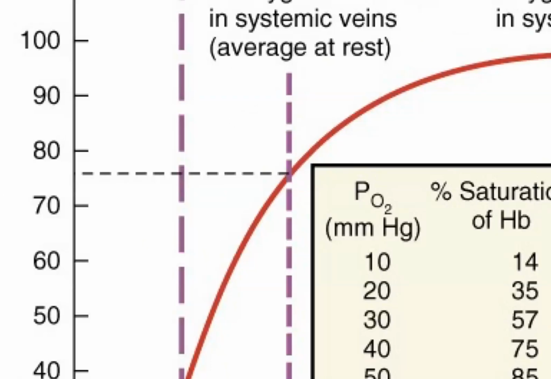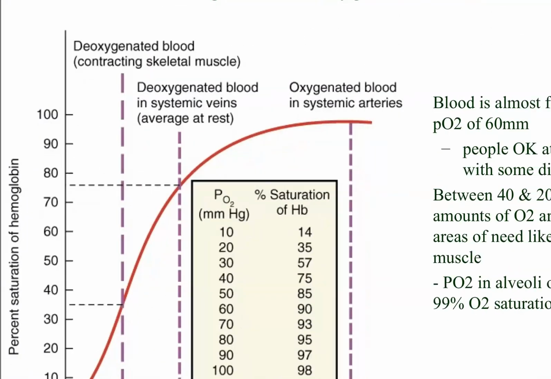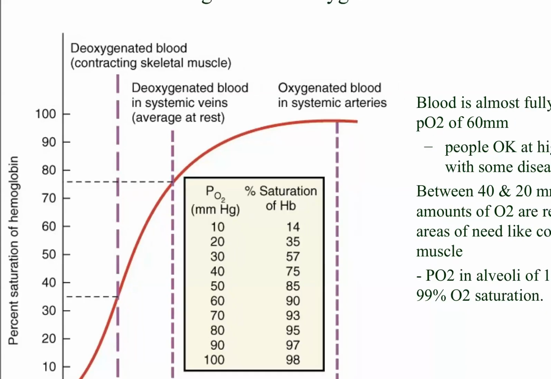That means in an inactive tissue we only unload 30% of our available oxygen. 30%. That's it, right? So in an active tissue, we unload 65%. In an inactive tissue, we unload only 30%.